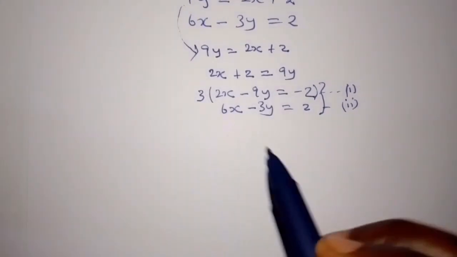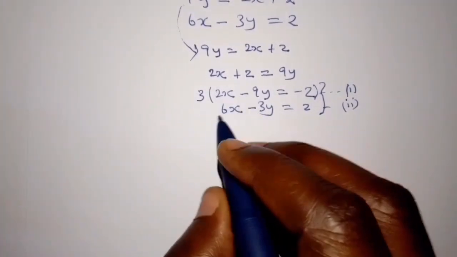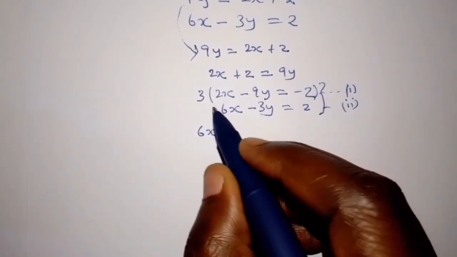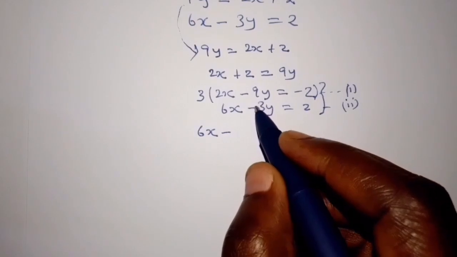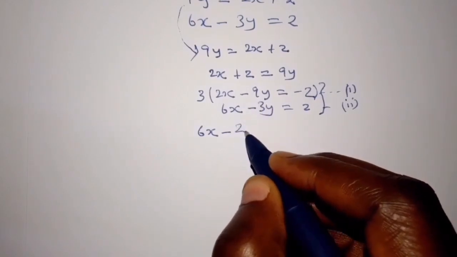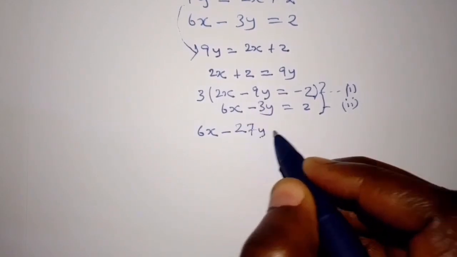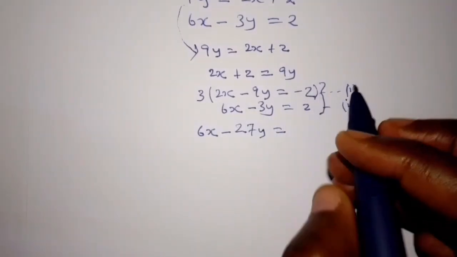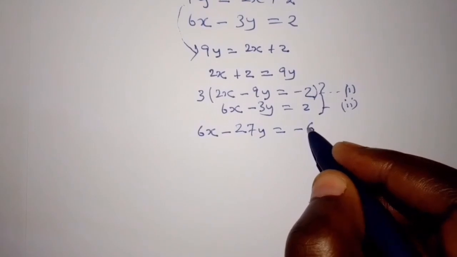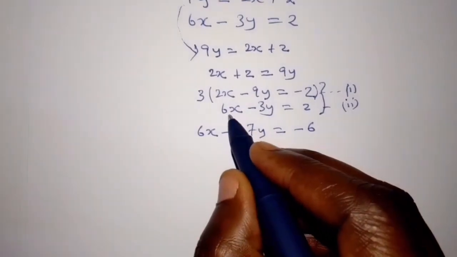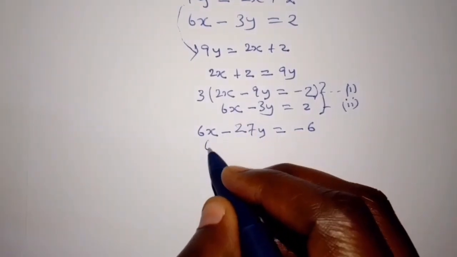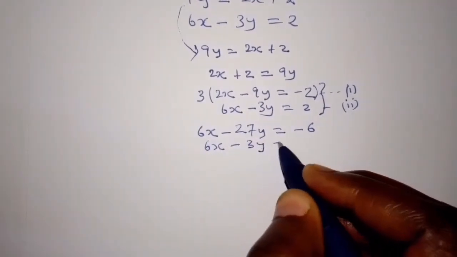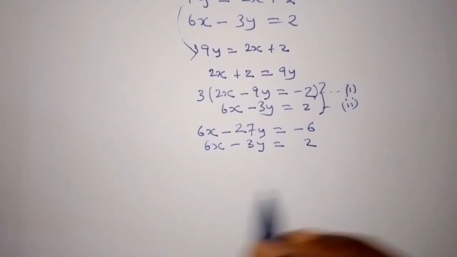So this is going to give us 3 times 2x is 6x minus 3 times 9y is 27y is equal to 3 times negative 2 is negative 6. Then we bring this one down here. 6x minus 3y is equal to 2.